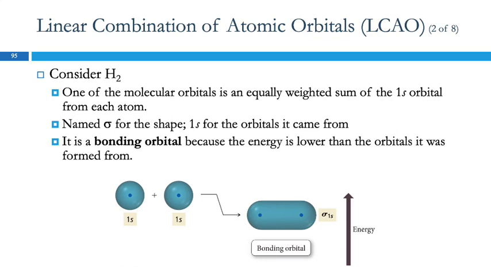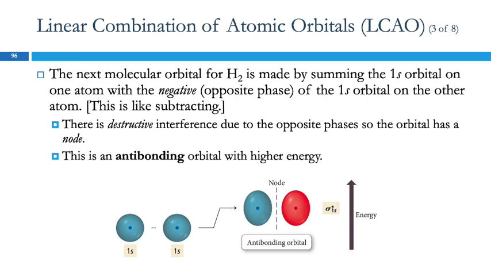The previous one was sigma 1s because it's a sigma orbital formed from 1s orbitals. And here, sigma star means it's the antibonding orbital. It's higher in energy. Any questions yet?